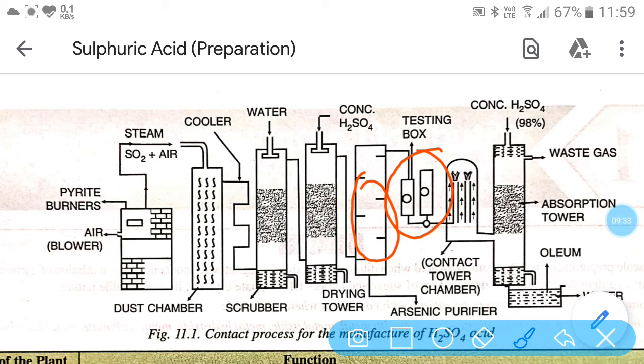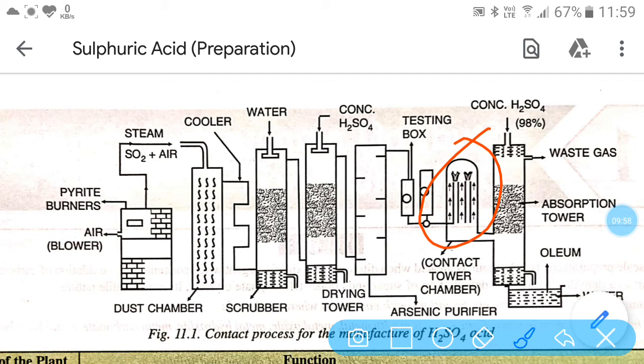Then after that we pass it through a contact tower. Here sulfur dioxide gas is again oxidized to sulfur trioxide. Here in this chamber it is oxidized to sulfur trioxide.